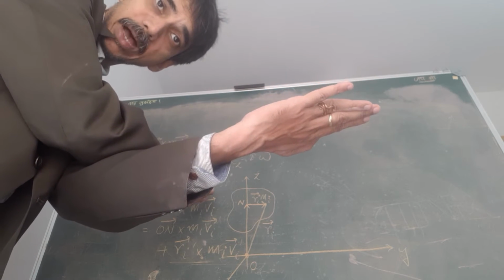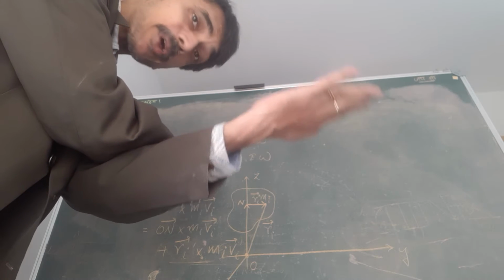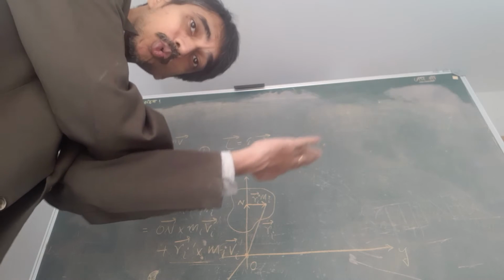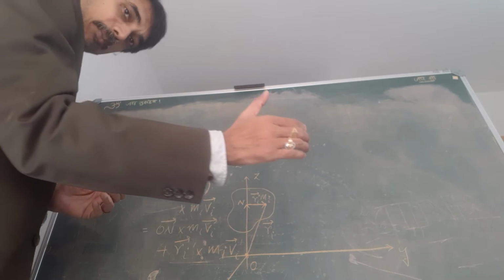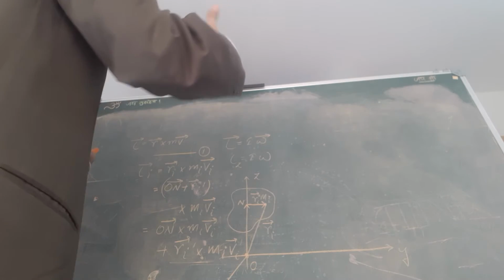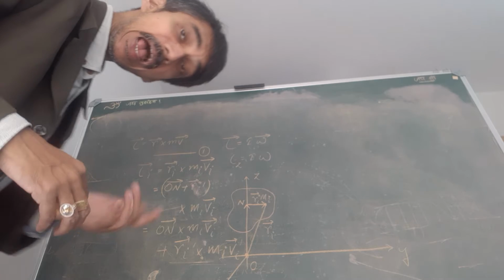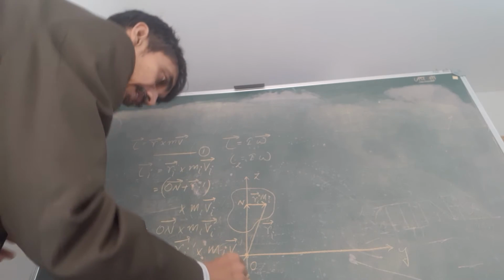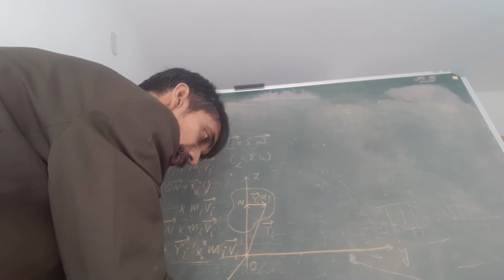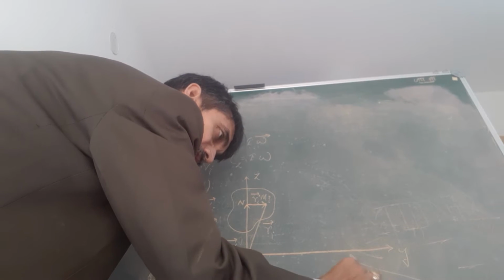Now I curl my elbow, or forearm, from r_i prime to v_i. When I curl my fingers, I get the direction of the vector in positive z, which can be marked vectorially as k. So we get the second one, r_i prime cross v_i, in the direction k cap.